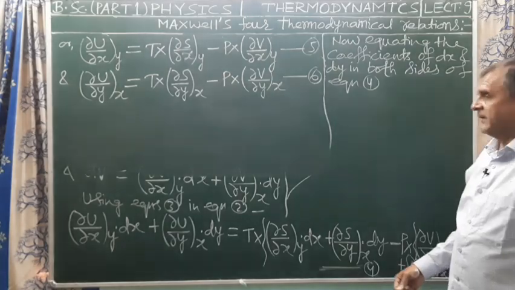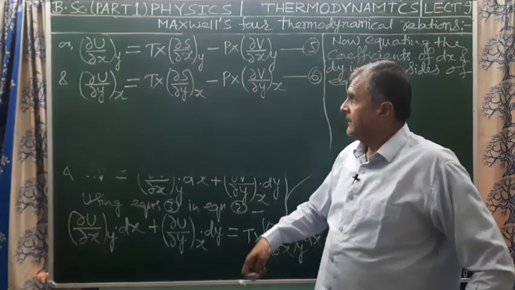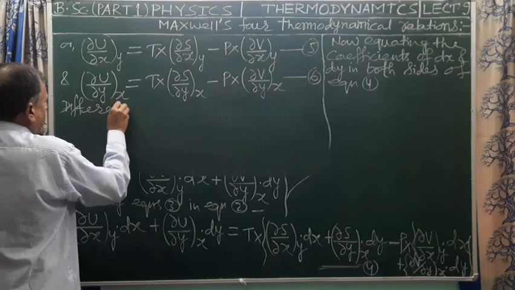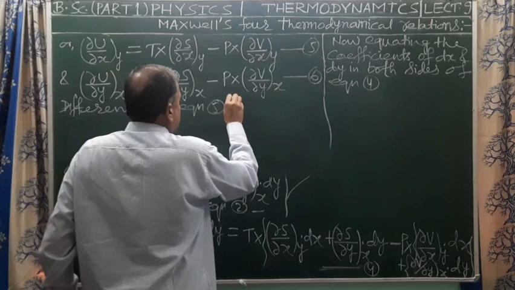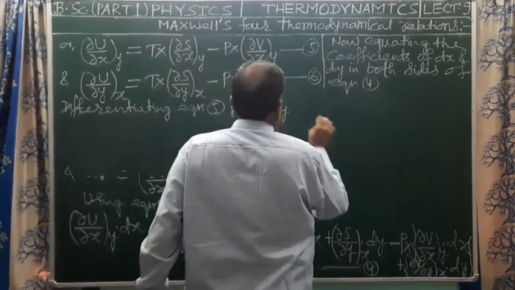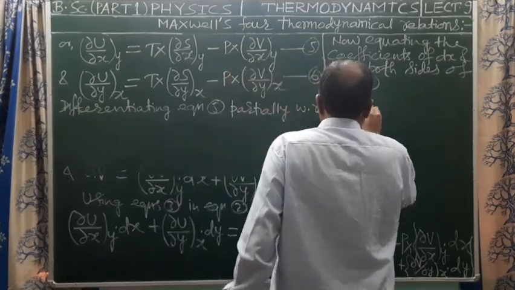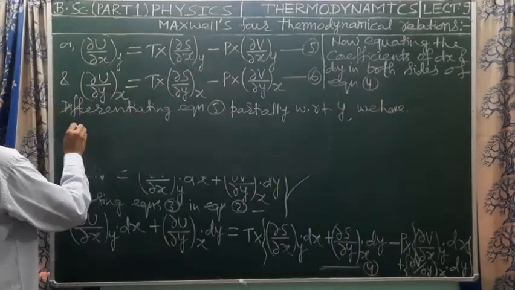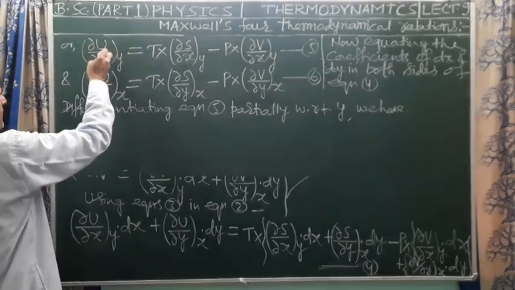So first of all, differentiating equation 5 partially with respect to y, in LHS we have del upon del y of del u upon del x at constant y.